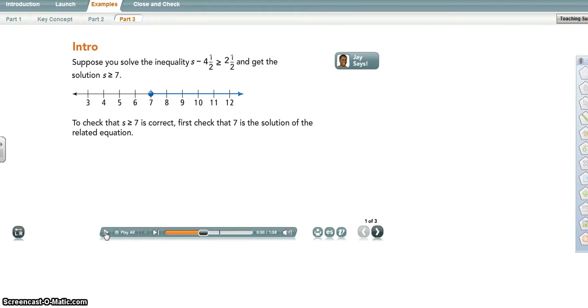So first we check, is it true that if s was equal to 7, this inequality would be true? And then we can check to see, is it true when s is greater than 7? Because then we know that it will be true that s is greater than or equal to 7.